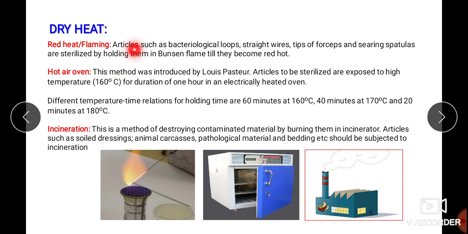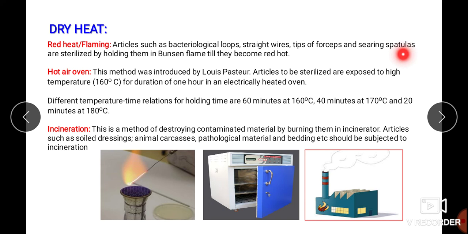For inoculation purposes, we make use of a transfer needle, or a bacteriological loop or nichrome wire loop. Before inoculation, such utensils should be sterile, and for this sterilization we can use red heat or flaming.